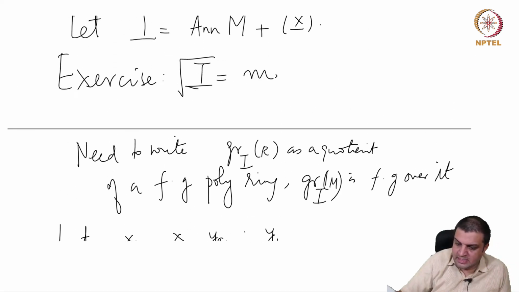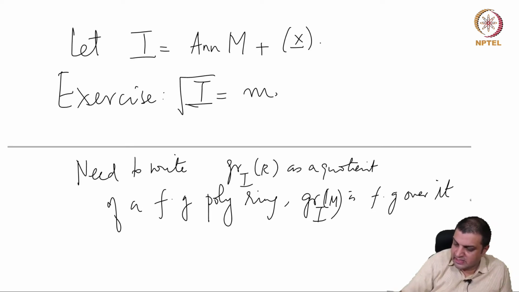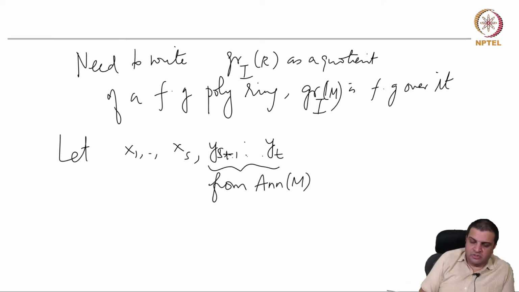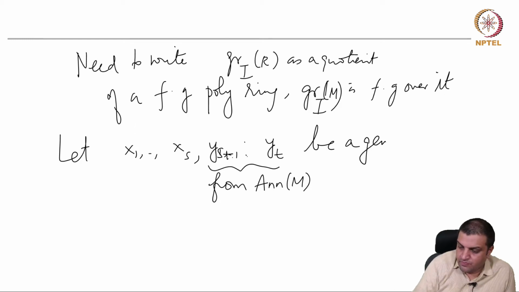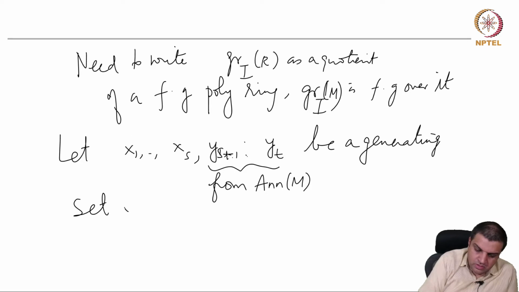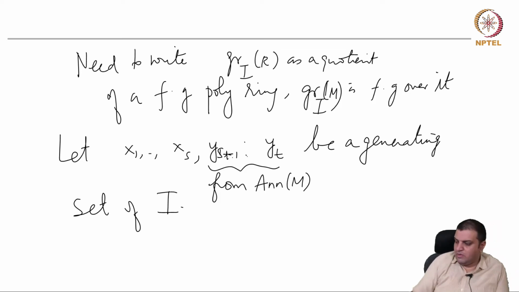Remember, it is the annihilator of M plus the x's, so take the x's and generators for the annihilator. This need not be a minimal generating set for I, but that is okay, we just need to take some generating set of I.